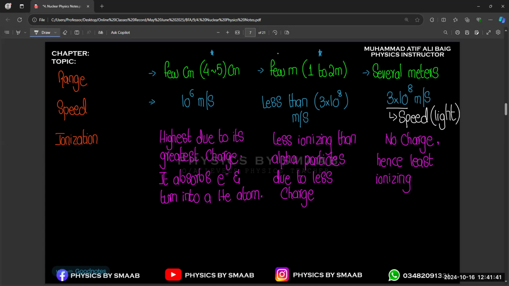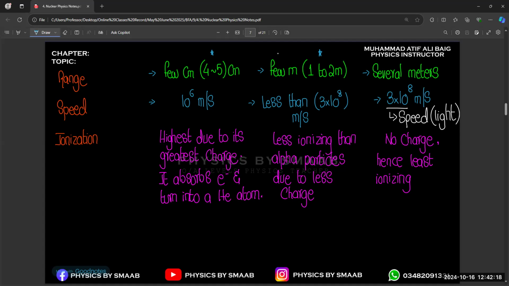So beta is almost close to the speed of light, and gamma can easily travel with the speed of light. Okay. So these are the speeds of alpha, beta, and gamma. And in your exam, you will not be asked a question about the speed. Okay. This is also just for reference. In your question, you will not be given questions to write down the speed, but this will help you to compare their speeds very easily. They are almost close to each other, not very far away from each other.